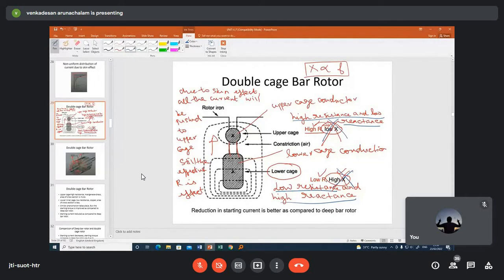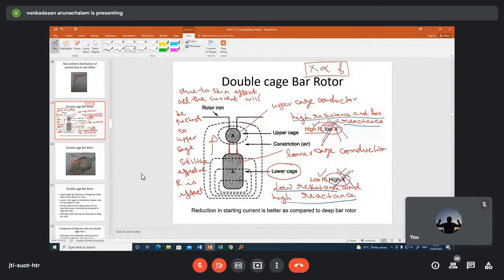Only during the starting condition, the current flows at the surface of the rotor in the upper cage. During running condition, there is no skin effect, the current is not pushed upward, so the current is uniformly distributed and the current will flow in the lower cage also, right?